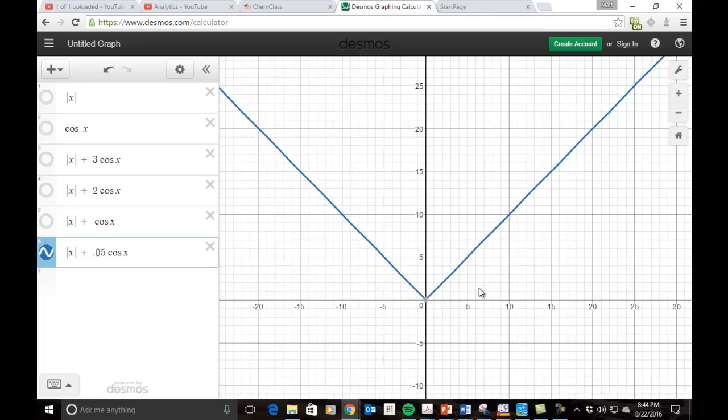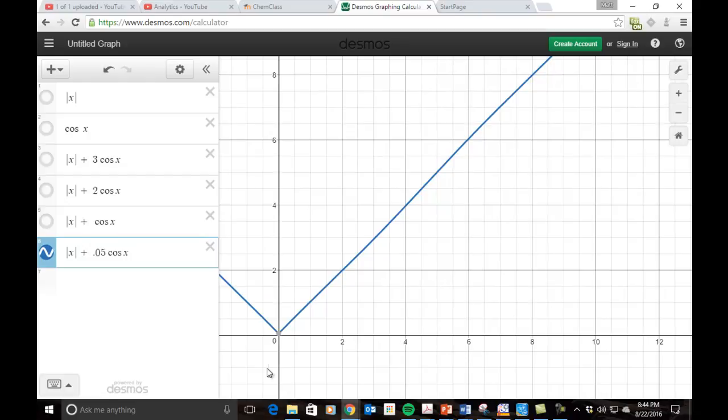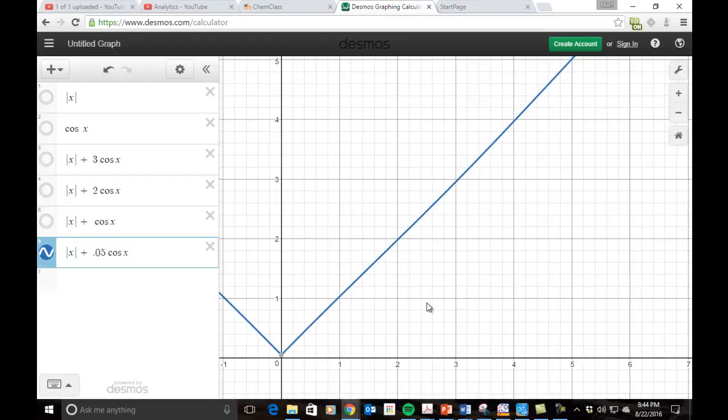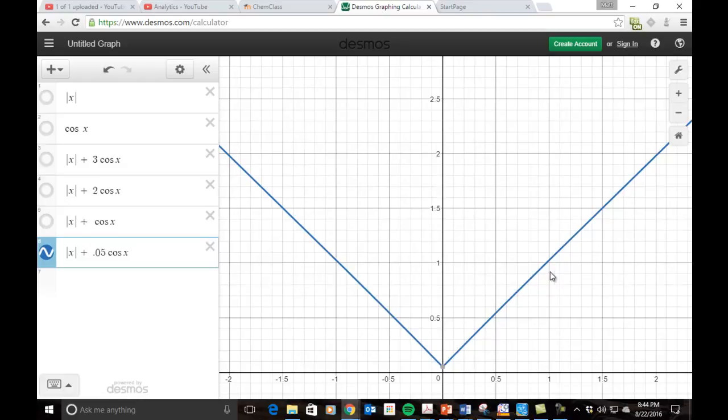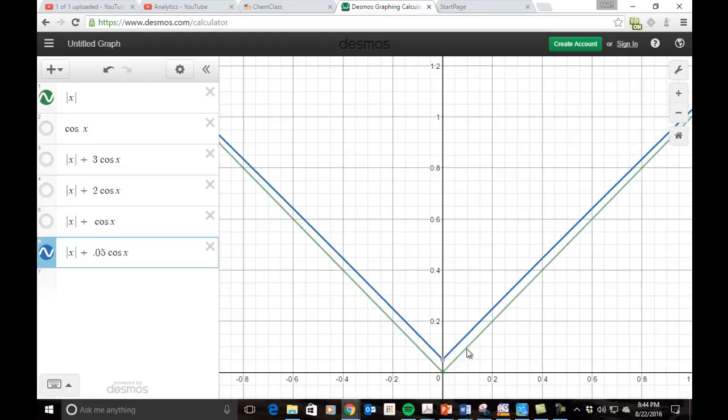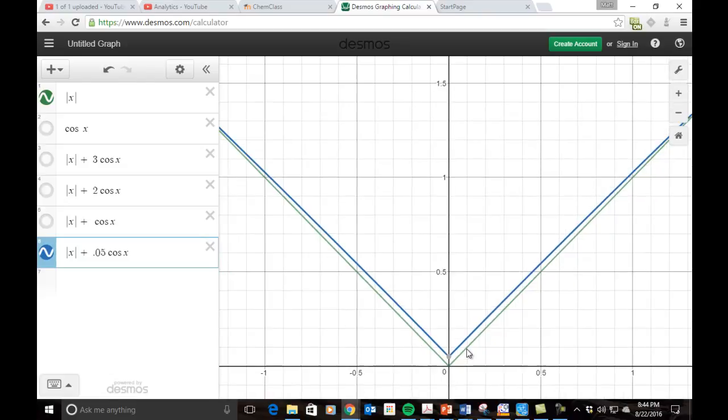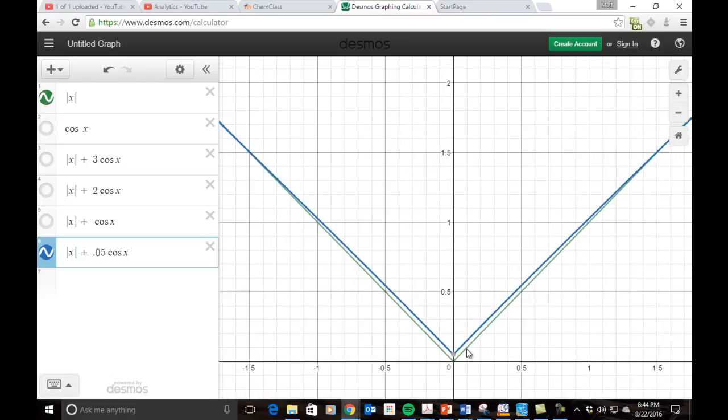I have to really zoom in before I even begin to notice any of the wobbliness. Let me turn on the original absolute value of x. And you see, even at this very close scale, the cosine of x is having very, very little effect on the composite function.